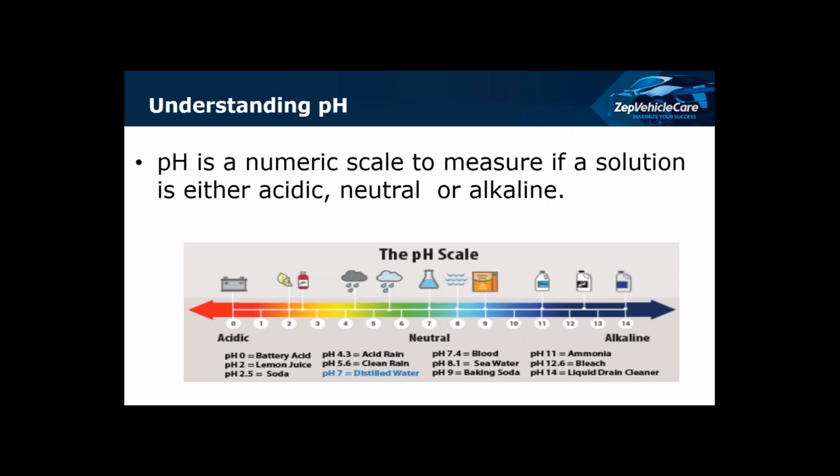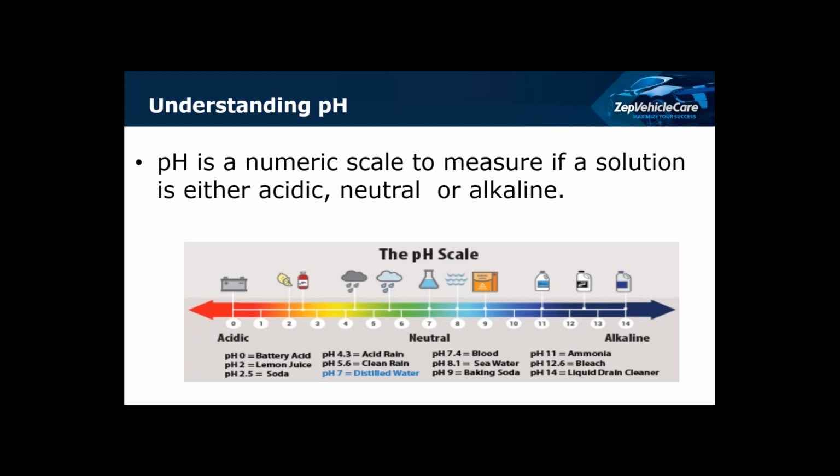One other thing about the pH scale, not to get too technical, is that in the math world, it's referred to as a logarithmic scale. So a pH of 8 is 10 times stronger than 7, and a pH of 9 is 10 times stronger than 8.